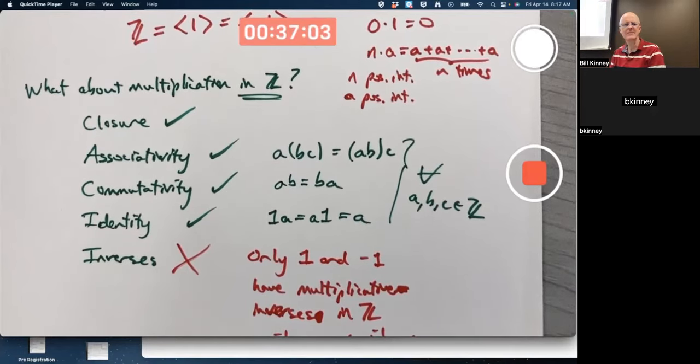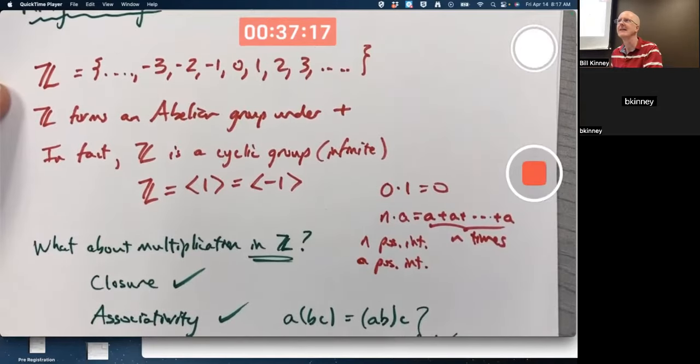Well, maybe it's not such a big deal that inverses don't exist and that 0 is this problematic element. Maybe we should just give it a new name. Call it a ring. But what is a ring? Is a ring just the multiplication part? No, rings are addition and multiplication.